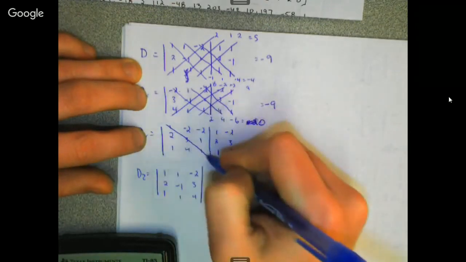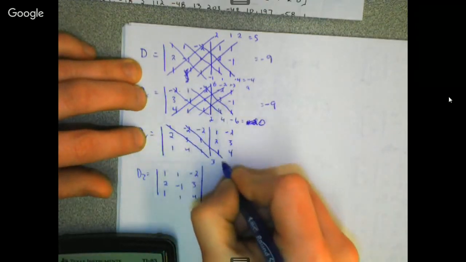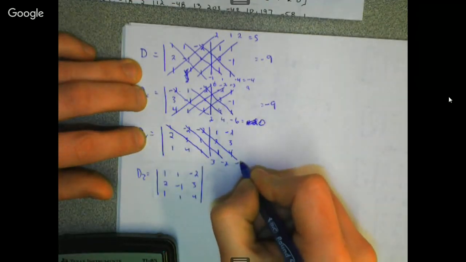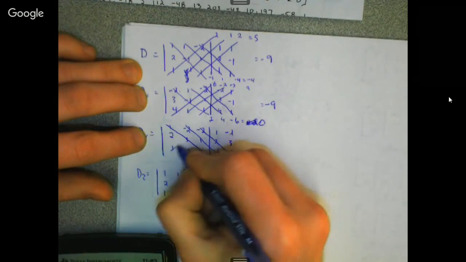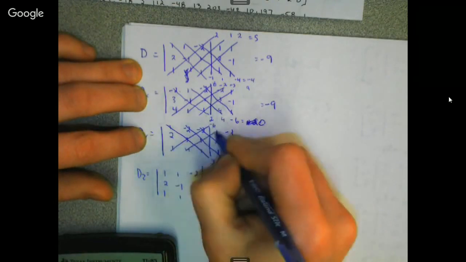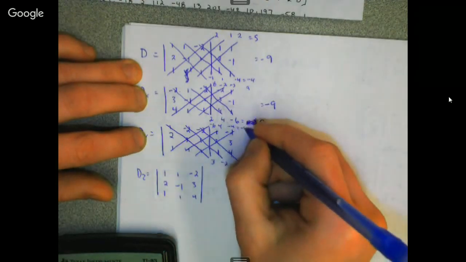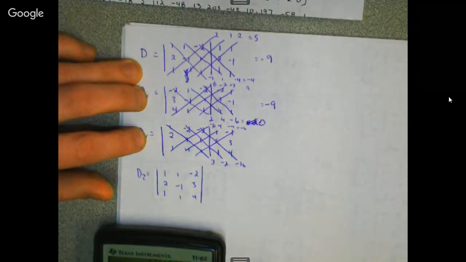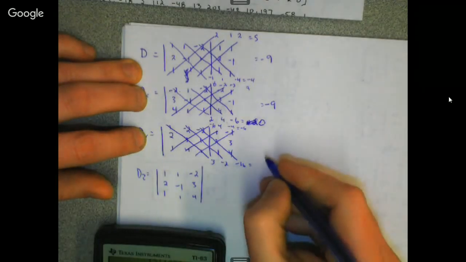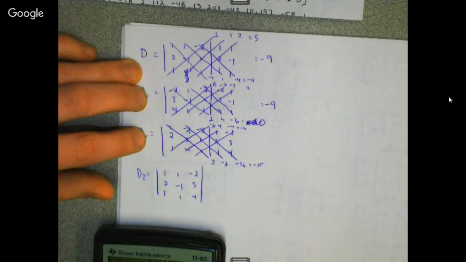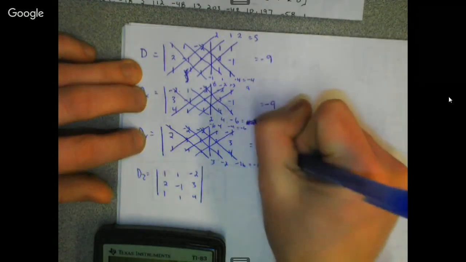Okay, so then we got 3 minus 2 minus 16. And then we have minus 6, 4, minus 4. So it's -6. And this one is minus 15. So -15 minus -6 is minus 9.